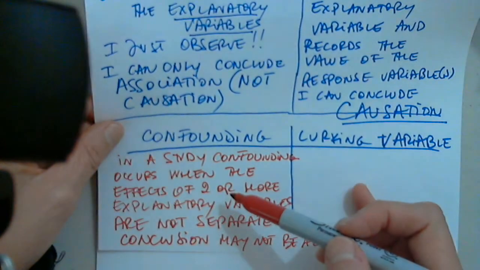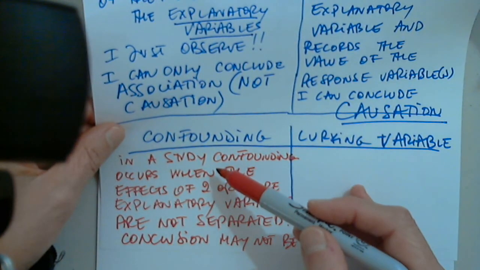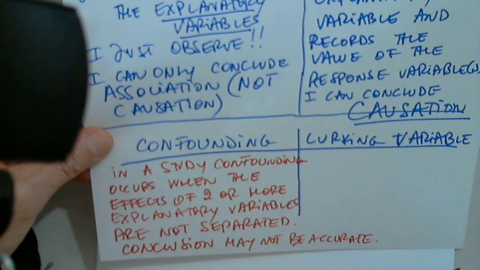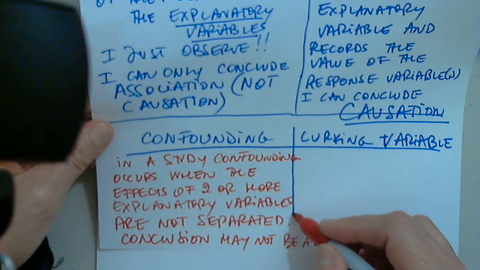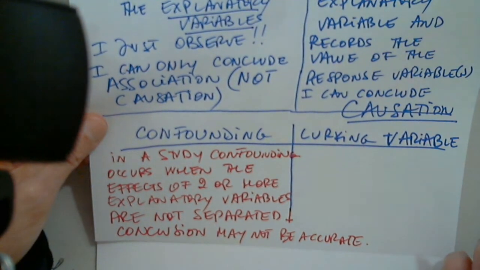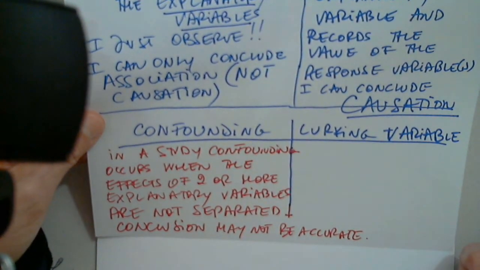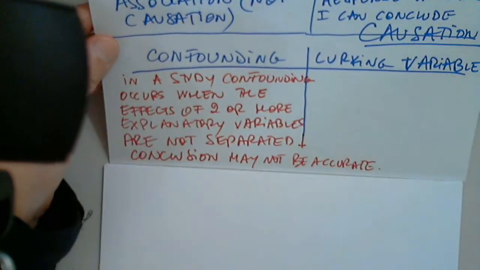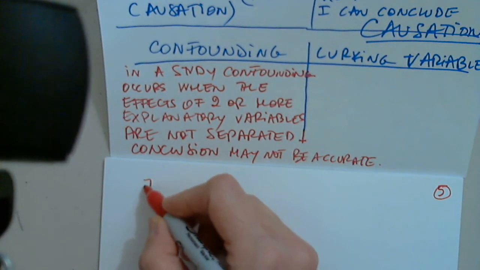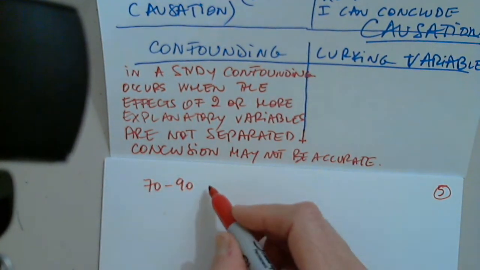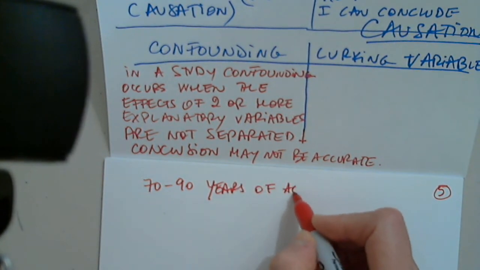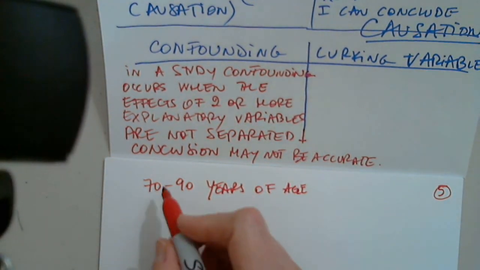So, for example, I may study older people's blood pressure. Okay, so that's another study that I could be interested in. So let's say 70 and 90 years of age. And my target is blood pressure.